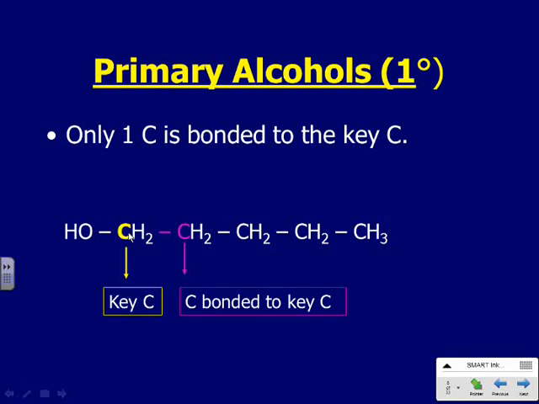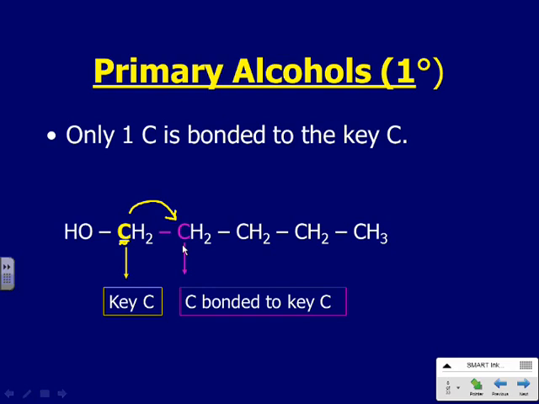The carbon that the OH is bonded to is what we call the key carbon, and that, like I said, is going to indicate the way it's going to behave when we start talking about chemical reactions. And so if we look at the key carbon, we notice that it has 2 hydrogens bonded to it, and that it is bonded to only 1 other carbon. So what we're looking for here is how many carbons that carbon is bonded to, and we see that it's bonded to only 1 carbon.